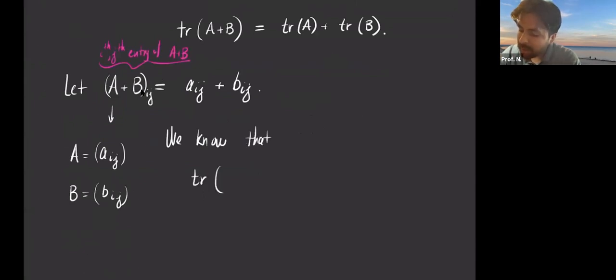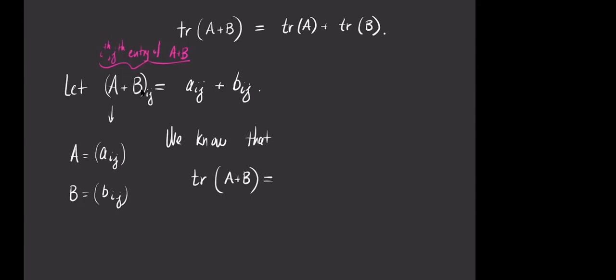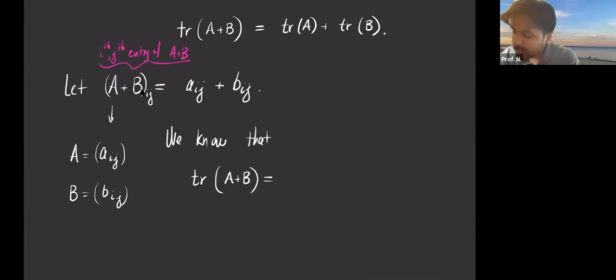What's the trace then of A plus B? Does anybody know how we go from here now? (A plus B) sub ij. So it's taking the A plus B, right?